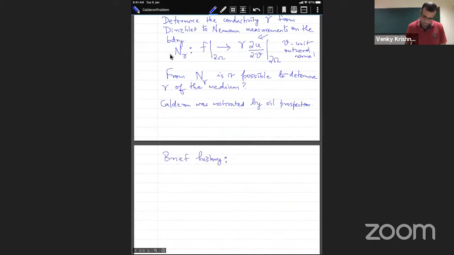Calderon addressed the uniqueness question for a linearized problem. I'll actually do this linearized problem.